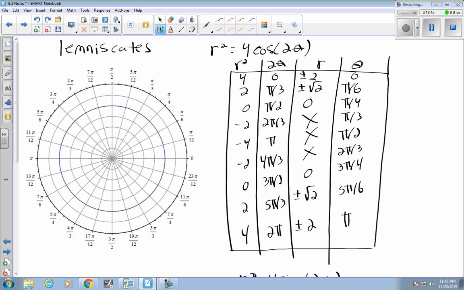So, yes, this won't be a graphing calculator problem because that would defeat the whole purpose of the graph. I would expect you to know the decimal equivalent of root 2 and root 3. Do you have to know it to 3 decimal places? No. If you know it to the 10th, you're fine. Root 2 is 1.4, 1.414, and so on, and root 3 is 1.7.